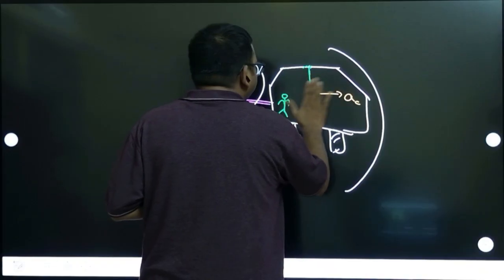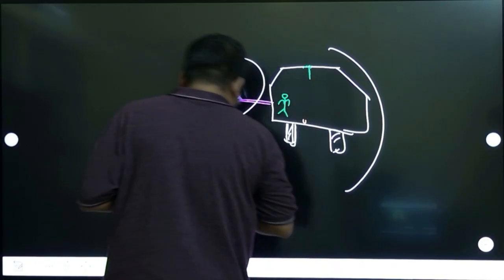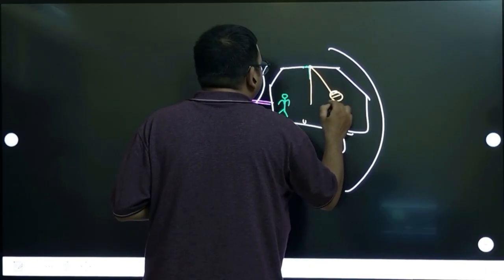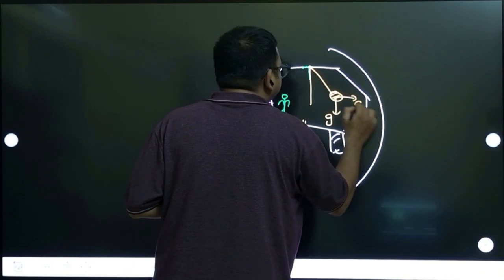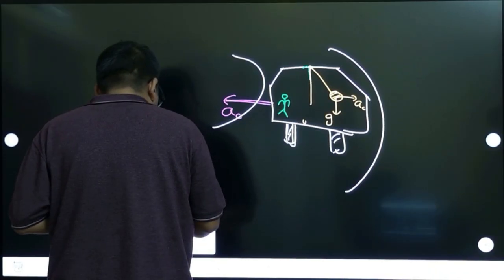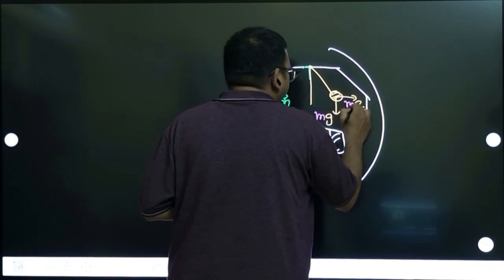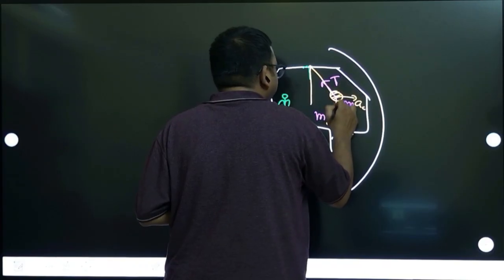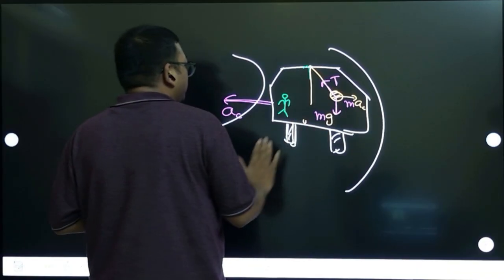If you draw the diagram properly, from this position it will go like this, and then it will have g in this way and centripetal acceleration this way. If you want to show forces, you multiply with mass, that is called pseudo force, ma. So these are the three forces that will act: tension, mg, and this is called the pseudo force. Yes, are you clear about this?